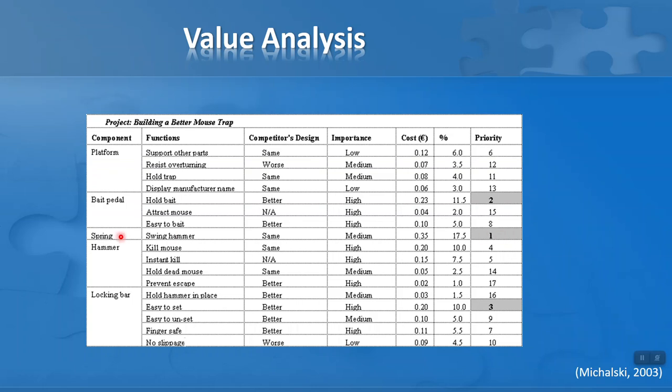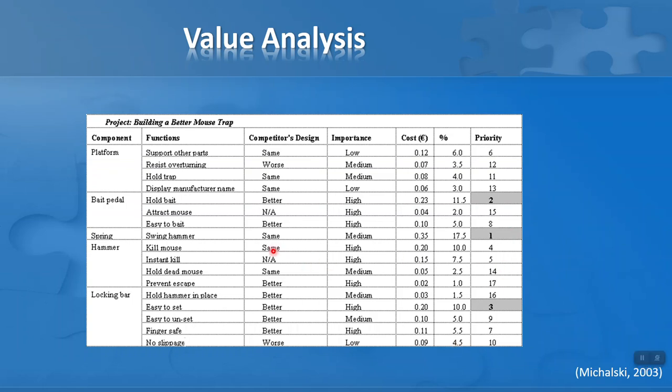So taking a look at the swing hammer function, because of its cost, we can improve the value of the mousetrap by reducing this cost. It's such a high proportion of the overall cost that if we reduce that, we will have a much more dramatic effect on increasing value than if we reduce the cost in other components.